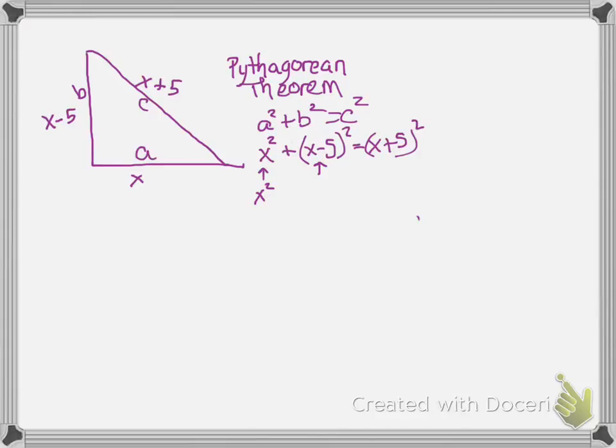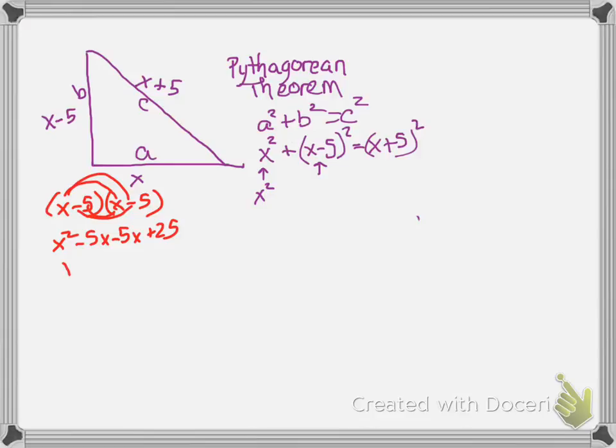So because it's a binomial, let me do it down here in a different color. If I have x minus 5 squared, that means I have x minus 5 times another x minus 5. So I'm going to have to use FOIL and get x squared minus 5x minus another 5x and then plus 25. The plus comes from the negative 5 times the negative 5.